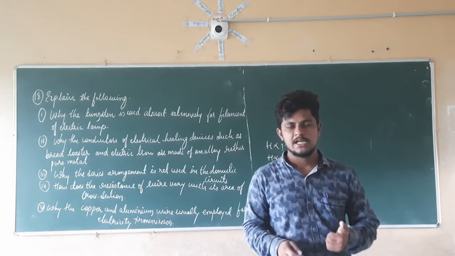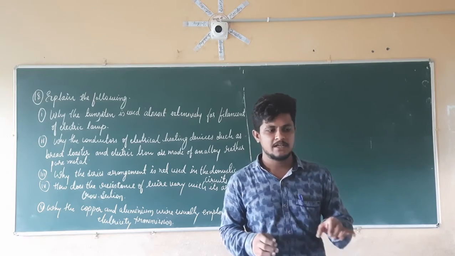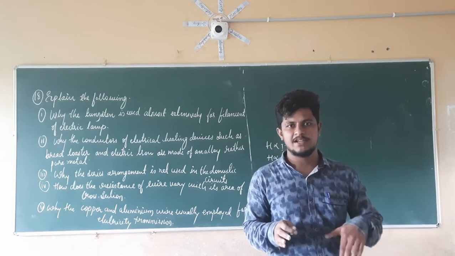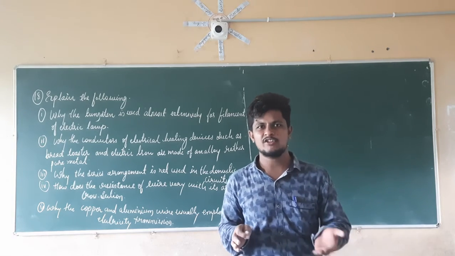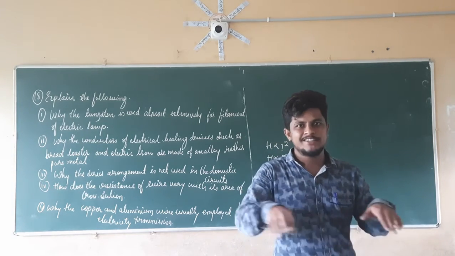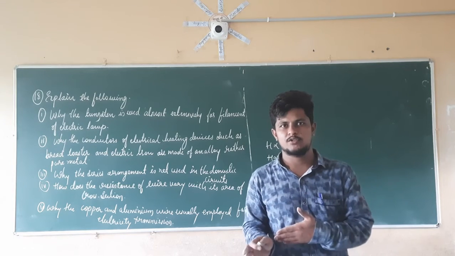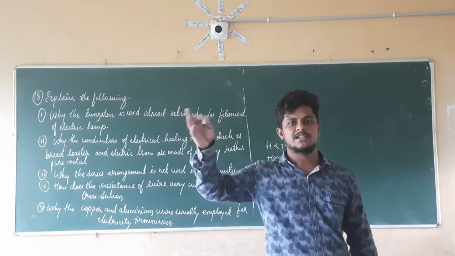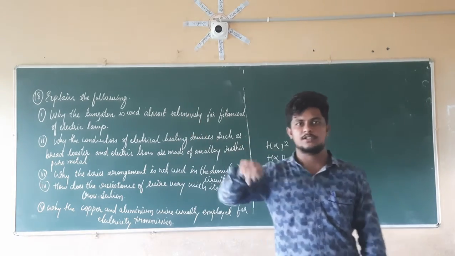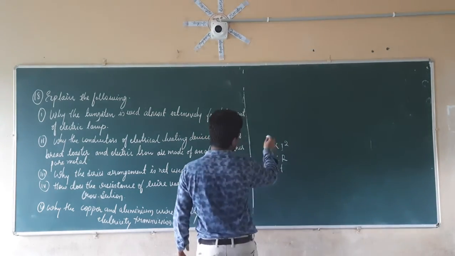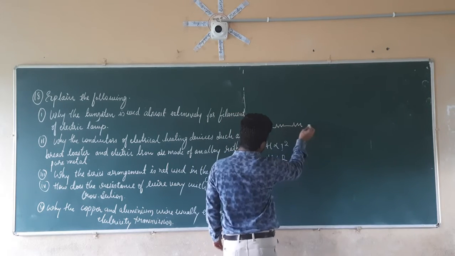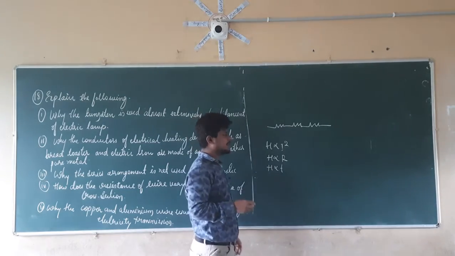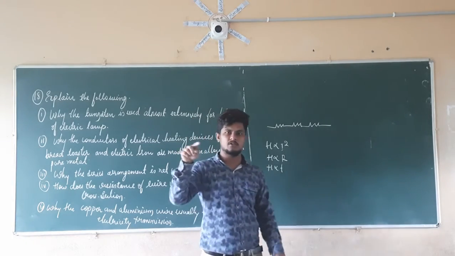In the same way, if the connection is in series and one device gets damaged or lost, then the whole circuit is going to be an open circuit. So the electrical supply is going to stop to the other devices connected in the household. Here, this is the first circuit, this is the second circuit, this is the third. In the series connection, we already know that voltage drop is going to occur.